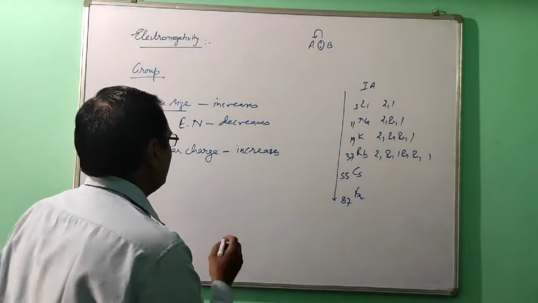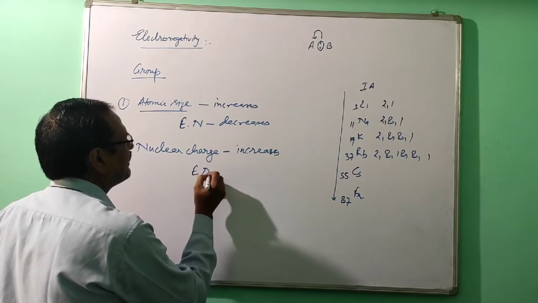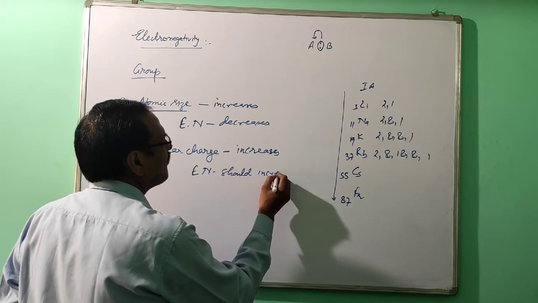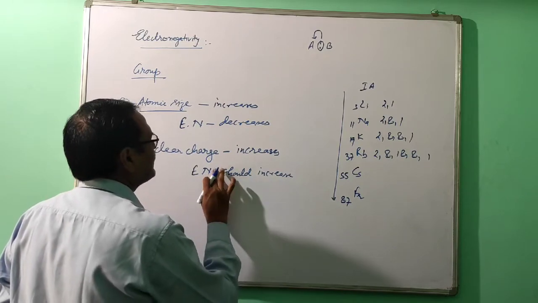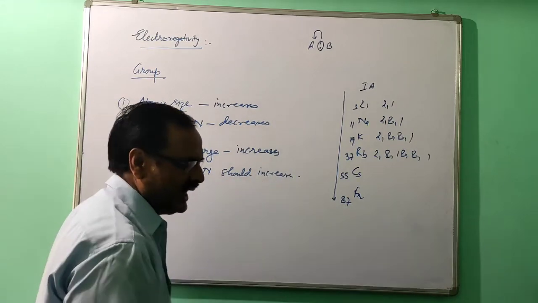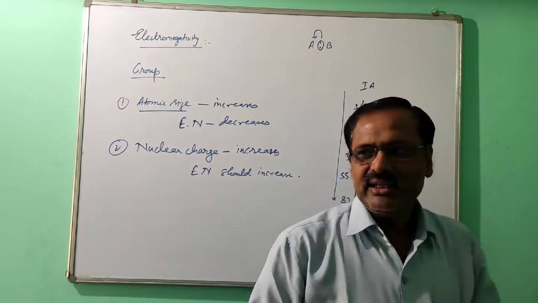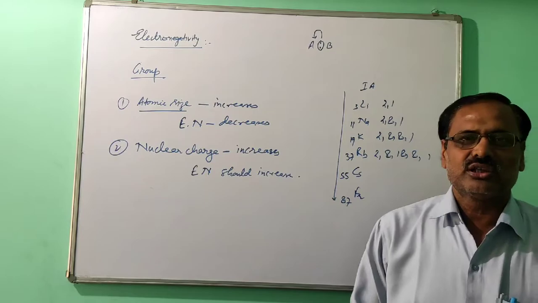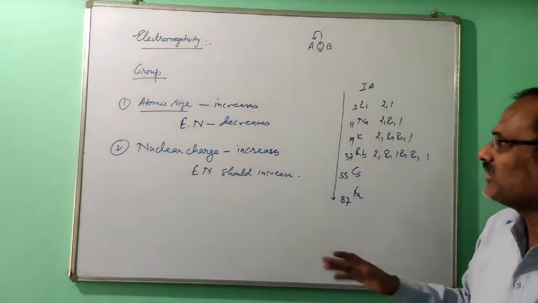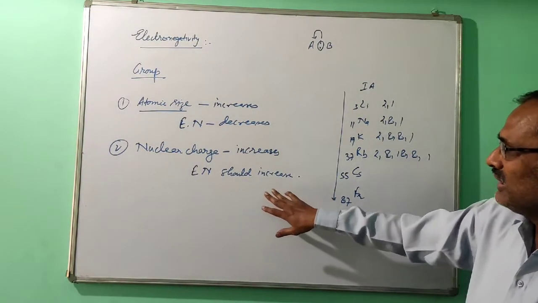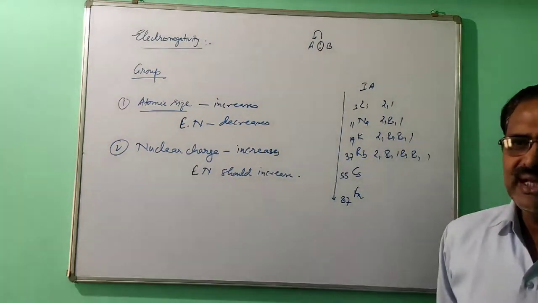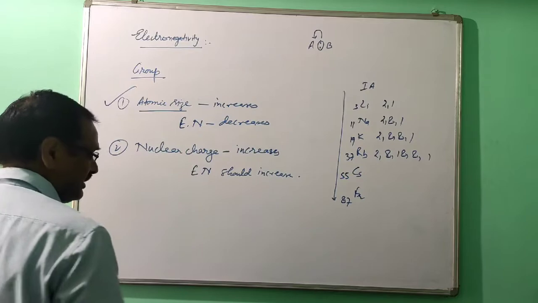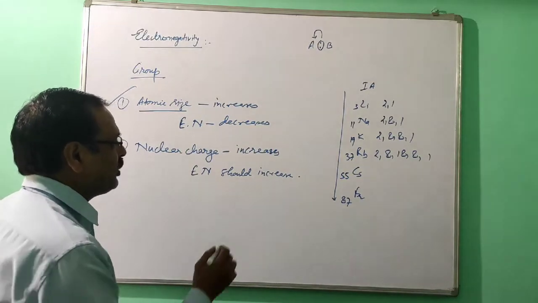It means electronegativity should increase. I have used the term should, the reason is there. I told you that as the nuclear charge increases, if the number of shells also increases, the nuclear charge will not be effective. So the same thing happened here also. Here nuclear charge will not be effective and the dominating factor will be atomic size. So the trend will be decided by atomic size.